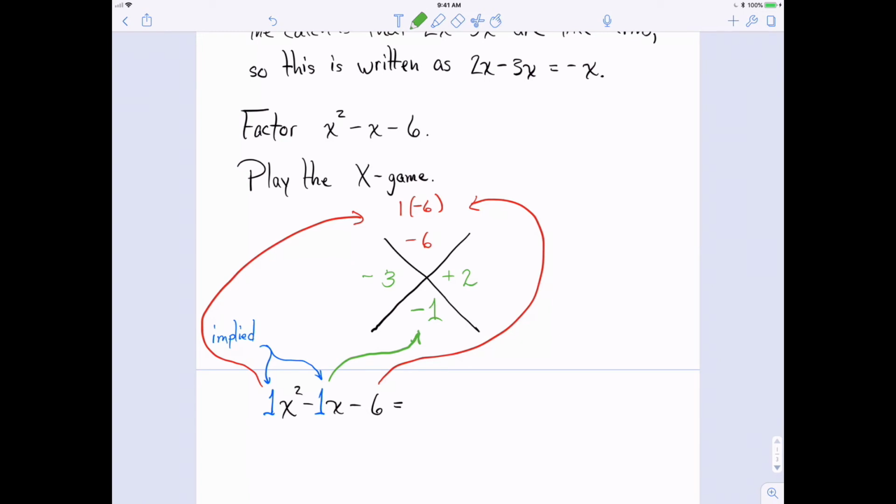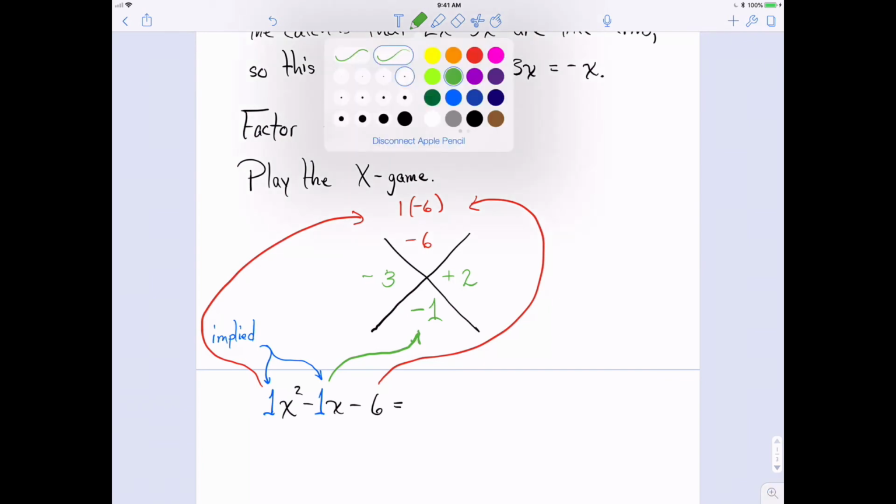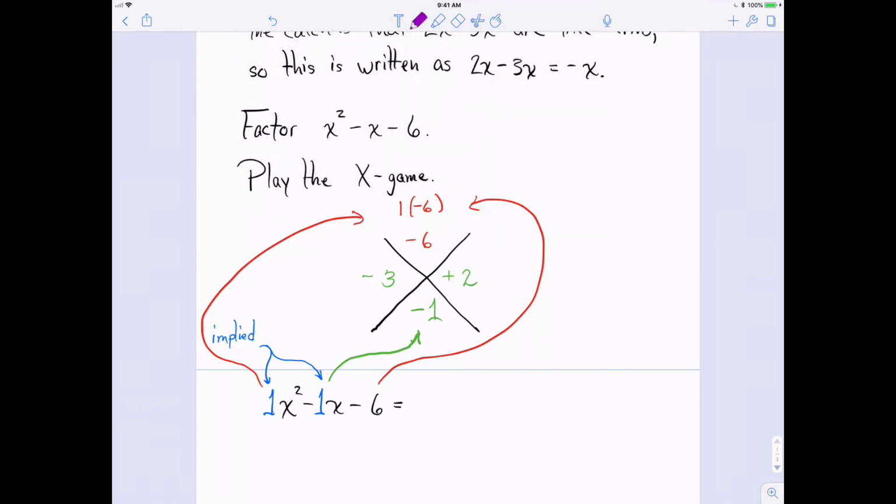Now, what that does is unlock the problem. If we use the negative 3 plus 2, well, that's what we had right up above. If we look up above here, we'll do this in magenta, notice that there's the negative 3 and there's the plus 2.